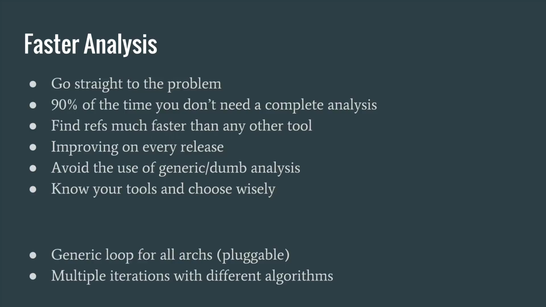What I usually do is that for 90% of the problems that I try to solve, at least from my daily problems, I can just analyze 10% or part of the program and grab the information that I really need, instead of analyzing the whole binary.